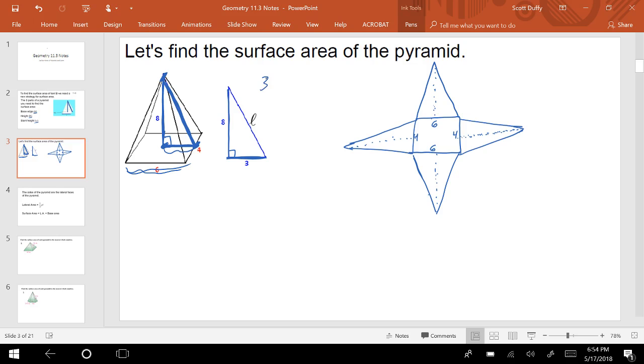So 3 squared plus 8 squared equals the slant height squared. That's our new hypotenuse, or c. For slant height we use a cursive L. So L squared is equal to 3 squared plus 8 squared, so 64 plus 9 is 73. Take the square root of both sides, you get L equals the square root of 73. I'm going to leave it as a square root. You can round that off and find the decimal, but no need to.